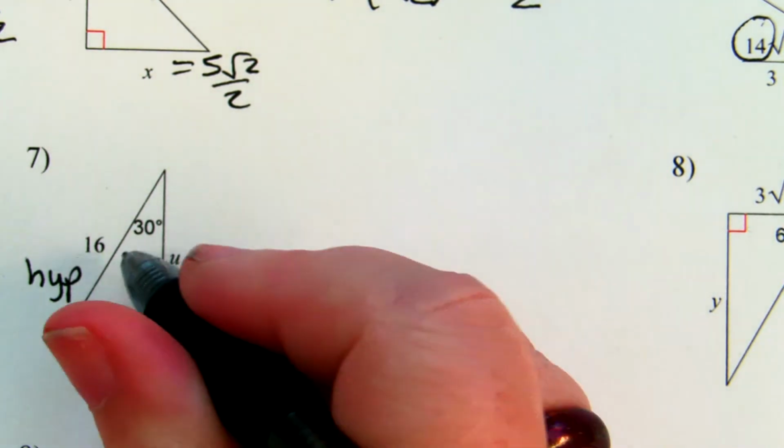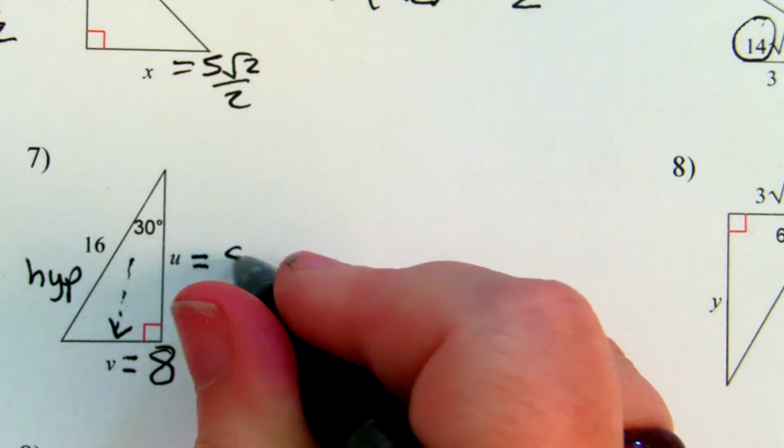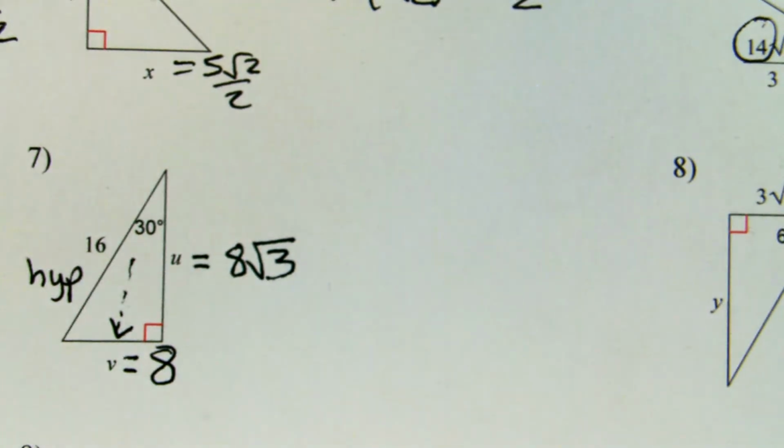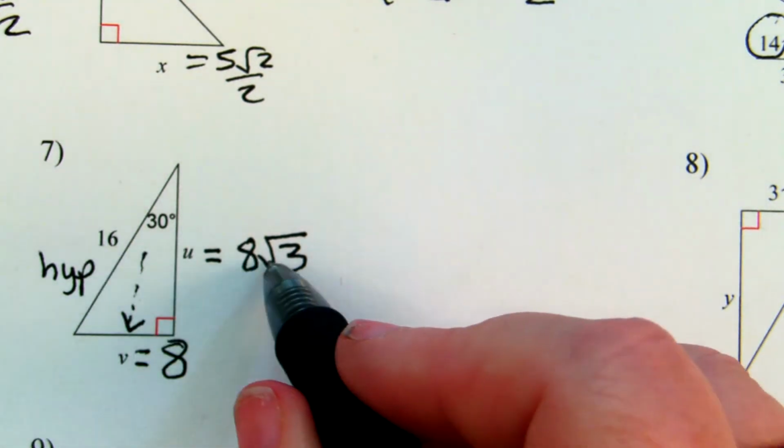And it's across from the 30. And then what do you do to the long leg? Multiply by radical 3. That was a pretty straightforward one as well. 8 radical 3. X, 2x, x rad 3.